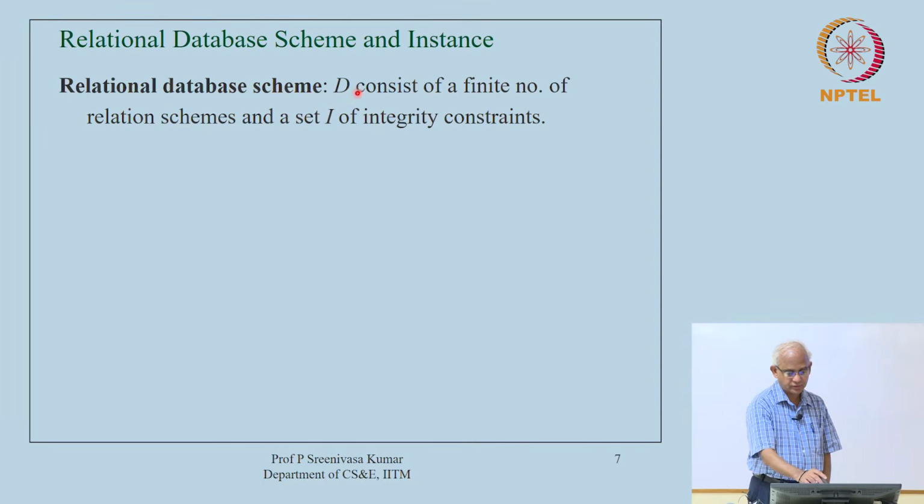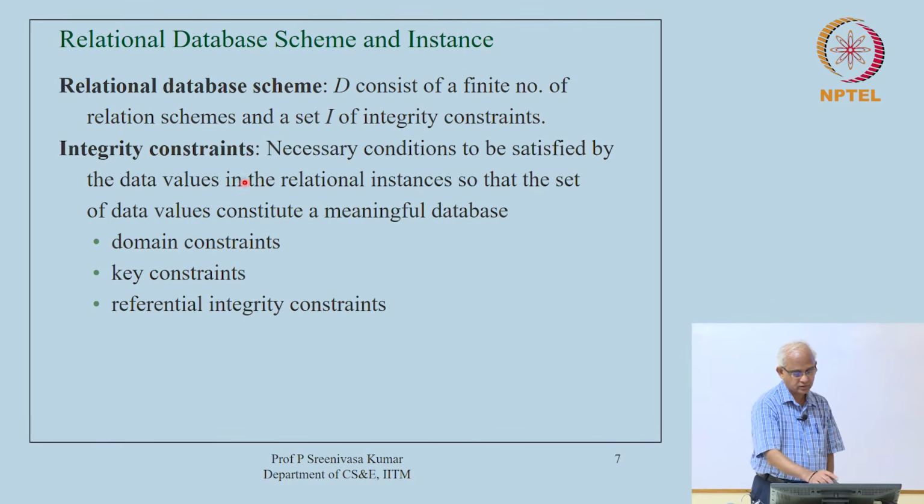First thing is, it consists of a finite number of relation schemes, and in addition it is not just these schemes, but we also need certain constraints. And what are these constraints? Constraints are certain necessary conditions to be satisfied by the data values in the relation instances, so that the instances constitute a meaningful database.